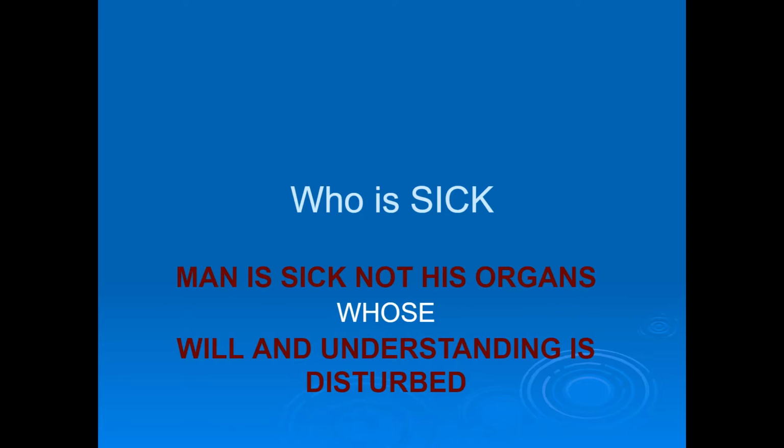Man is sick, not his organs, whose will and understanding is disturbed. So man means his mind, his will and understanding. Who is sick? Not the organs, but the man in his will and understanding.